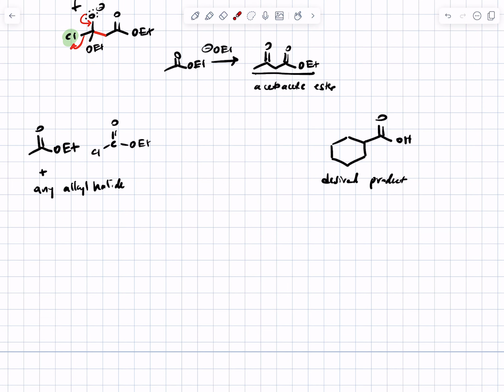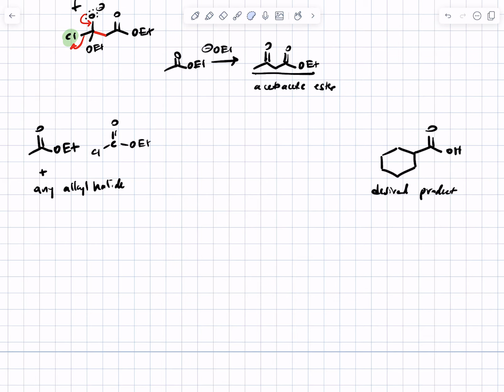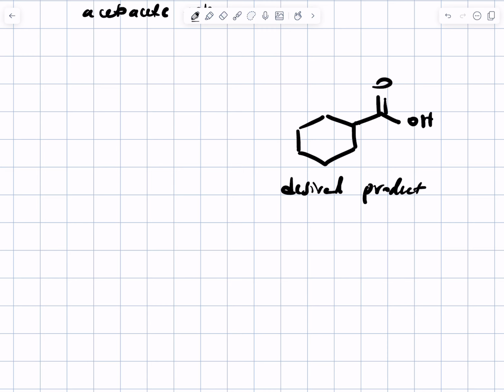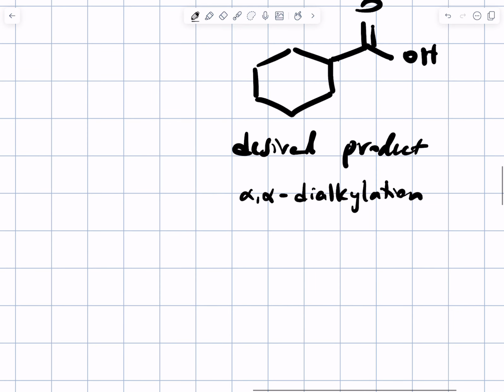So for example, in chapter 17, you learned that if you've got an alpha-alpha dialkylated carboxylic acid as a product, I'm trying to teach you to look at structural patterns in products to help clue you into synthesis. This is an alpha-alpha dialkylated carboxylic acid.